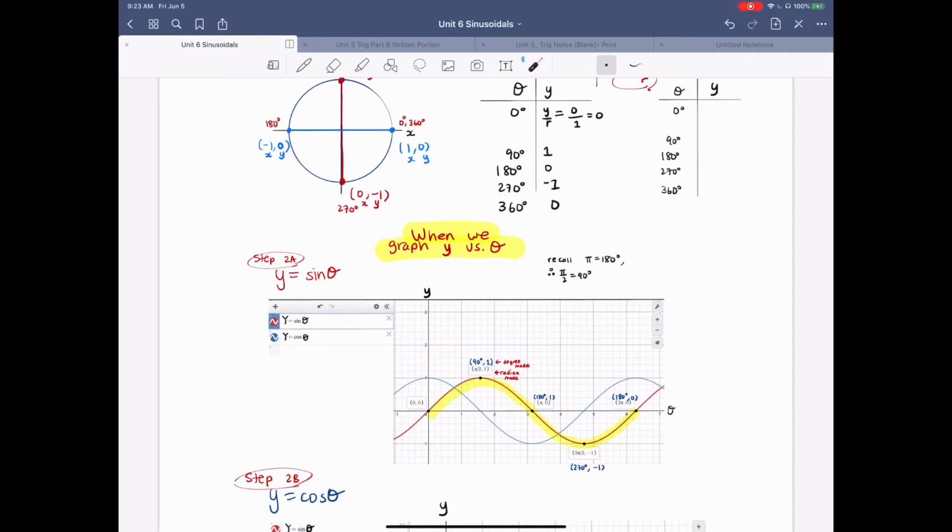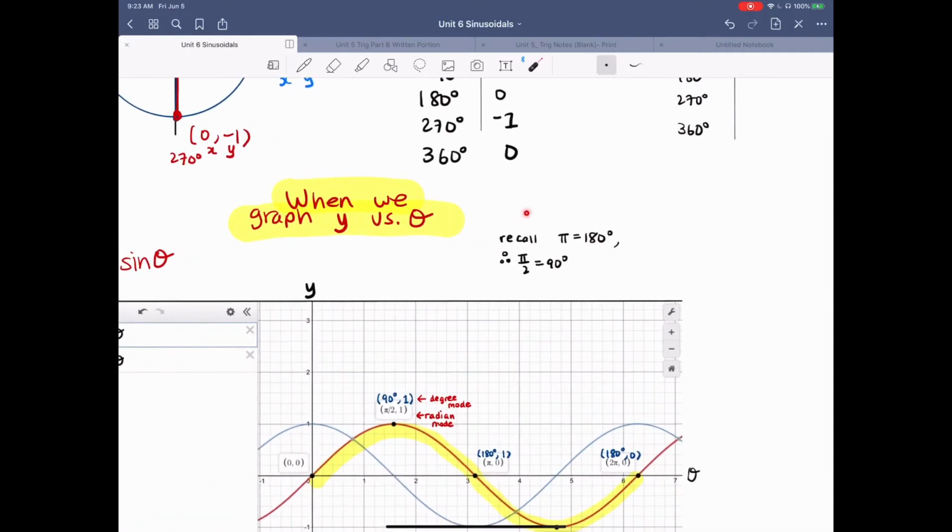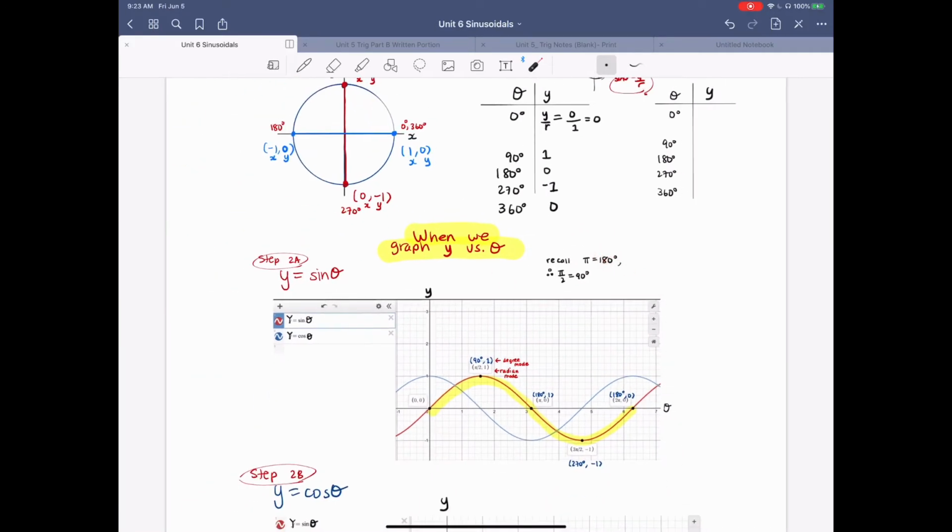But we said during the last unit that pi is equal to 180, and I simply plug in that pi for 180, and that's how I got 90 degrees. Remember, in grade 11 we are mostly looking at trig or sinusoidal functions in terms of degrees and not radian mode, and that's why I keep using degree mode, just to be consistent, all right?